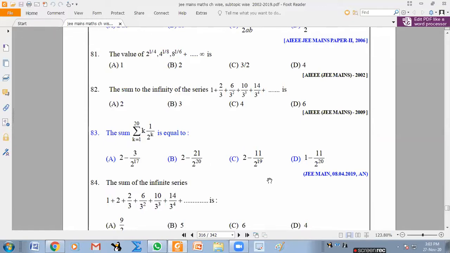That is also AGP. 81. What makes it AGP is the powers. If you write everything as a power of 2, the first power is 1 by 4. 4 you write as 2 square, the next power will be 2 times 1 by 8. 8 you write as 2 cube, the next power is 3 times, that is also a typing mistake, it should be 1 by 16, sorry, not 1 by 6 there.